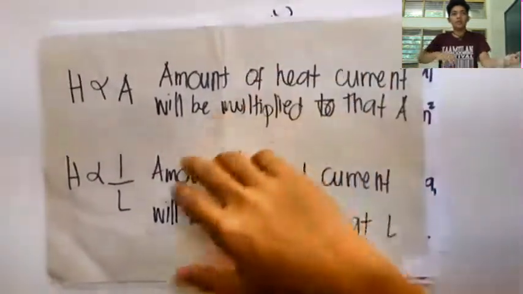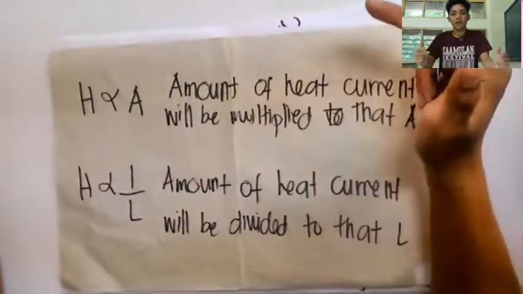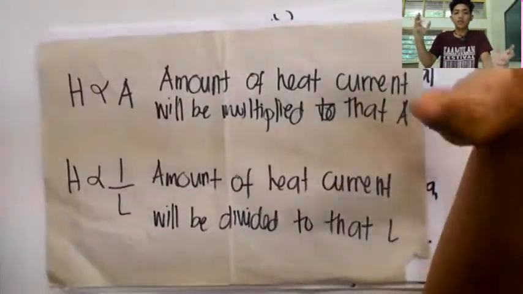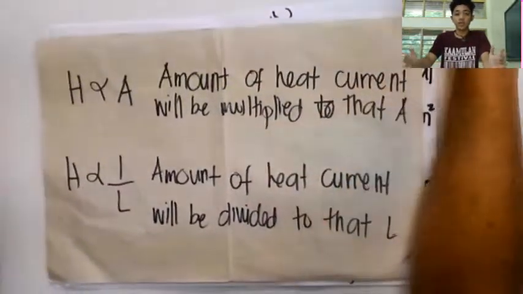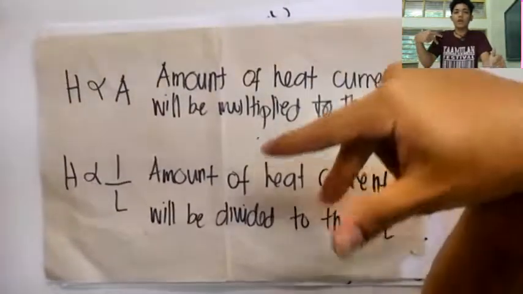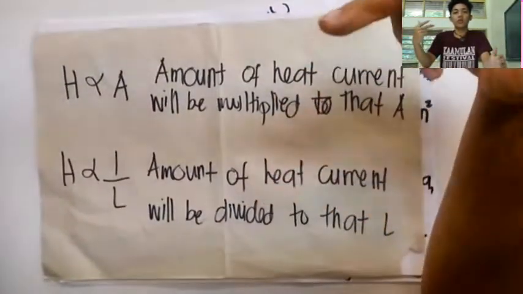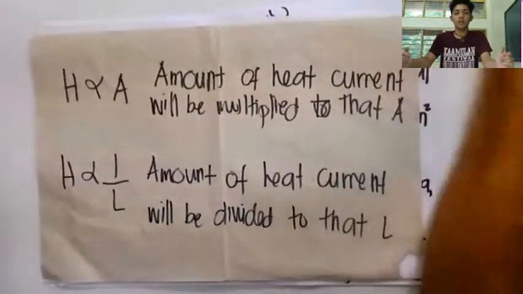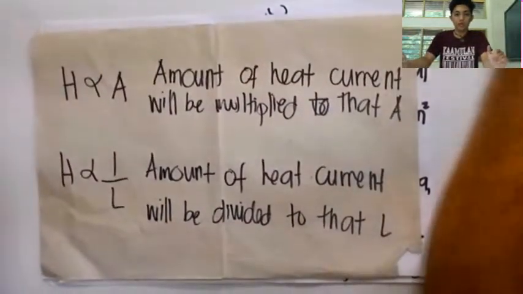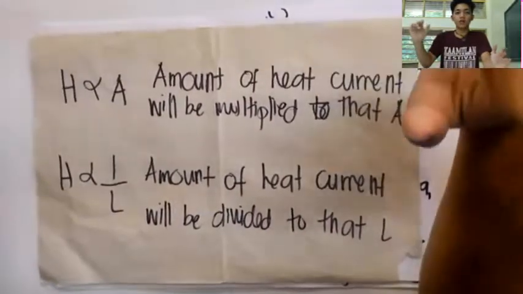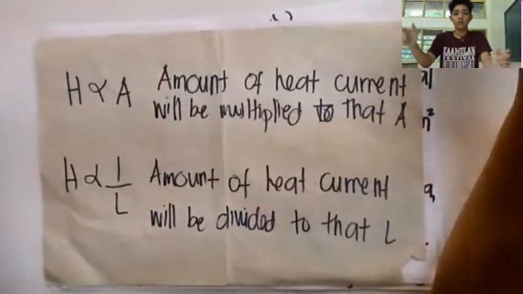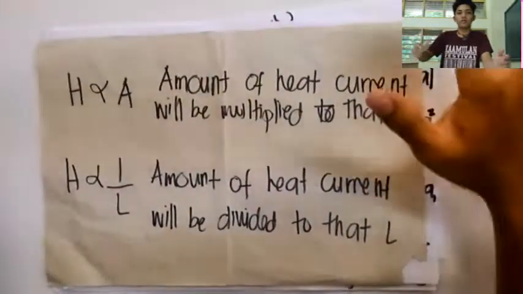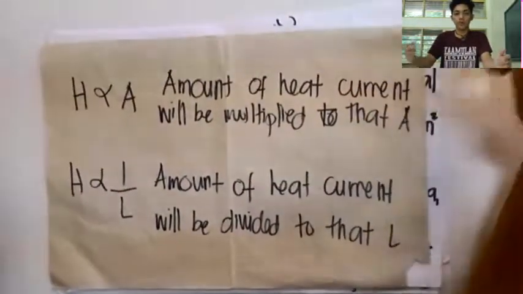So whatever factor the area is changed by in that particular situation, the heat current is multiplied by that same factor, because it is proportional. It is multiplication by the area.